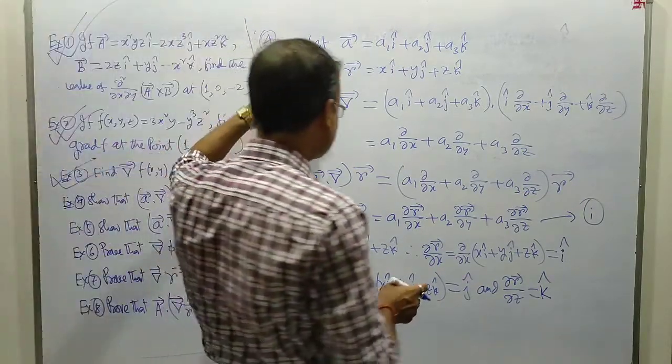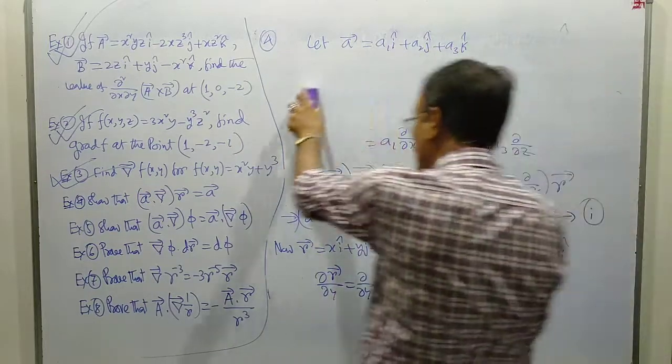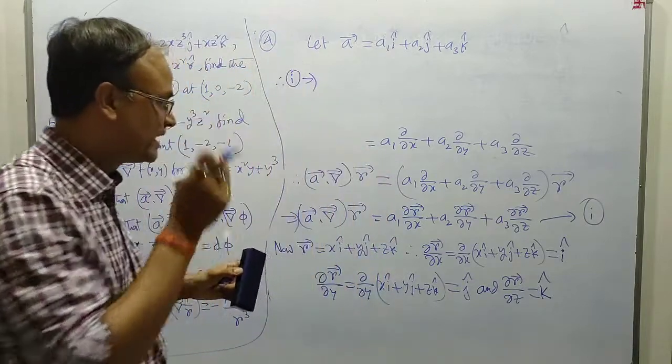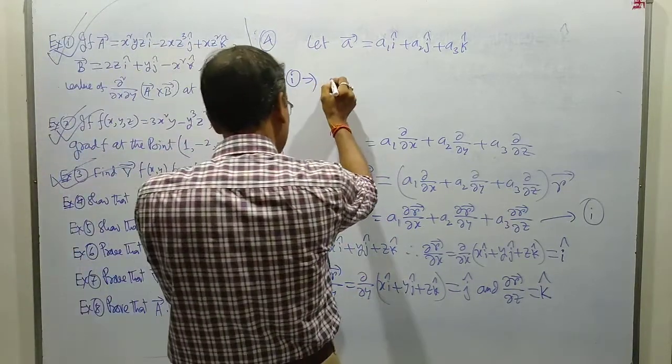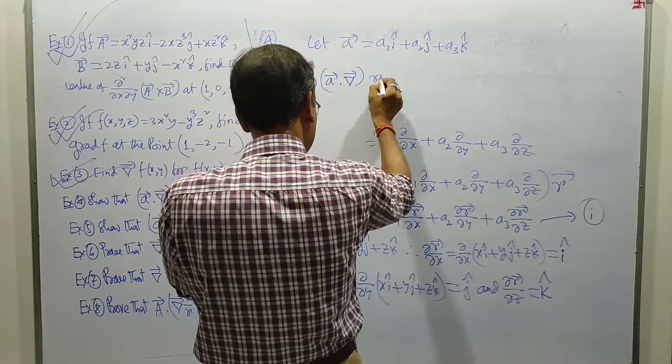Therefore, from 1 you will get a vector dot nabla r vector equal to a1 ∂r/∂x, a2 ∂r/∂y, a3 ∂r/∂z.